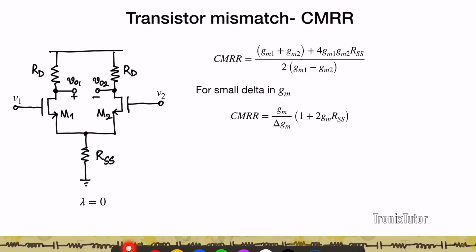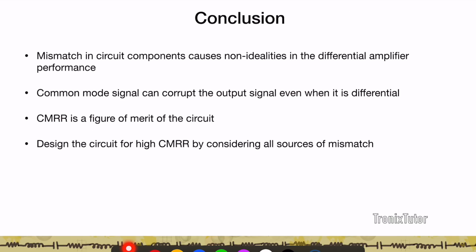The CMRR comes about because of a mismatch. So you want to keep the mismatch minimum if you want to have a good CMRR. And the second thing is you want to keep your tail current source as ideal as possible. And so to first order, if I assume that this GM RSS is much larger than 1, I can approximate this as GM squared RSS by delta GM.